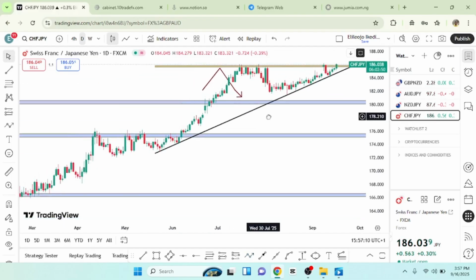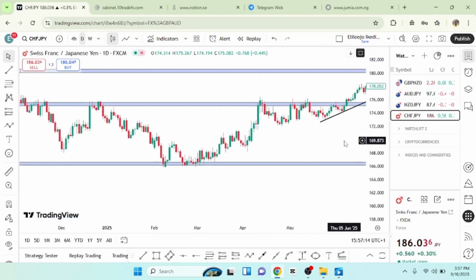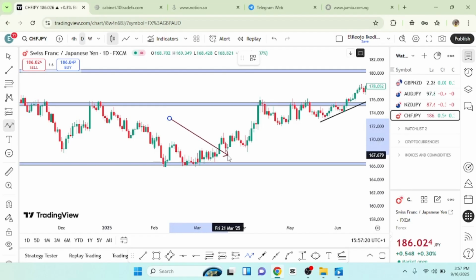And on the contrary, whenever price is in a downtrend and is coming down, and then price gets to a particular level and the market is not able to break below that level, the market gets to that level and then bounces off that level to the upside and starts moving up. That level now becomes a support.